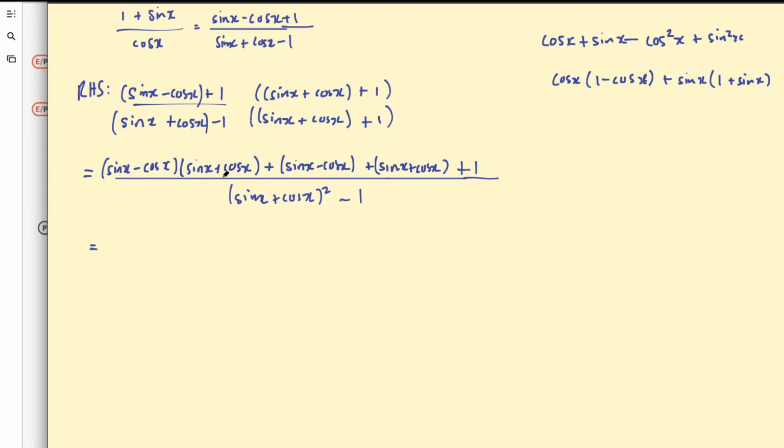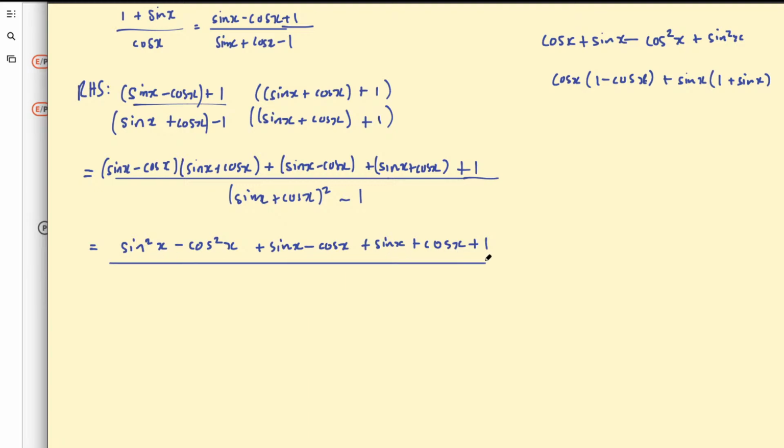I guess try to simplify the numerator. So this would be sine squared x take cosine squared x plus sine x take cosine x plus sine x plus cosine x plus 1.